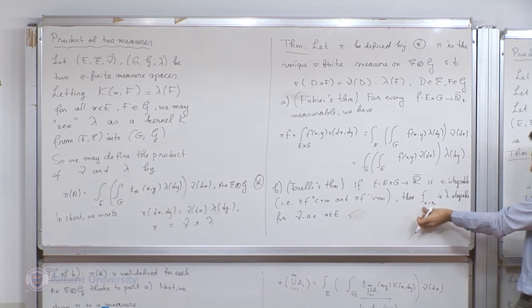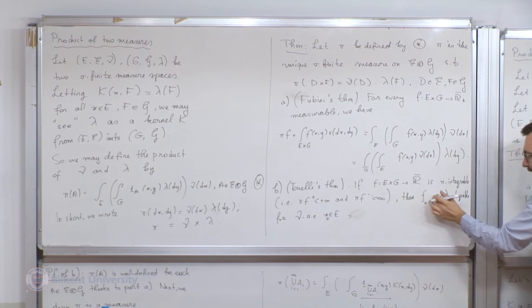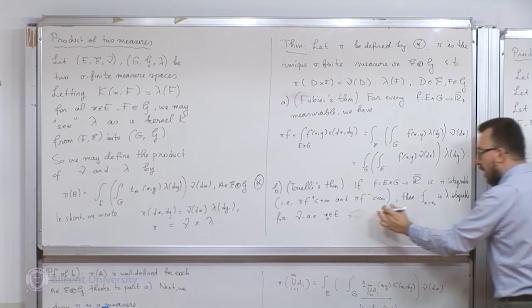You freeze the first variable and see it as a function of y. So this is lambda integrable because lambda is the measure on the second space.